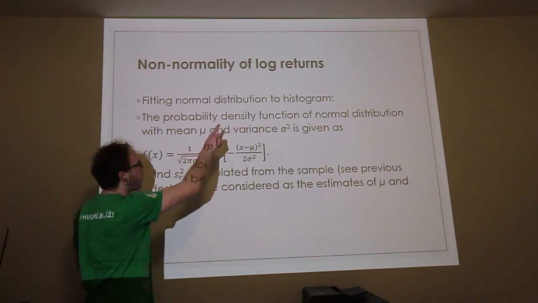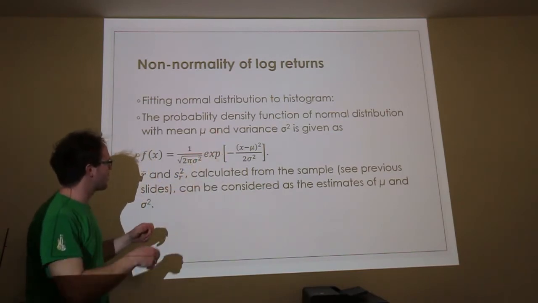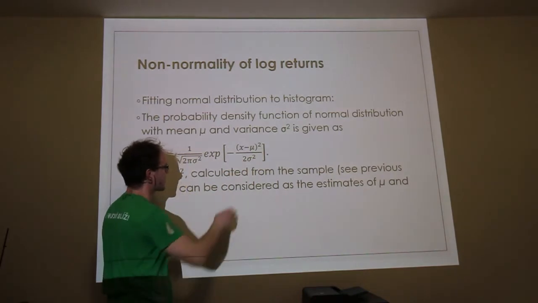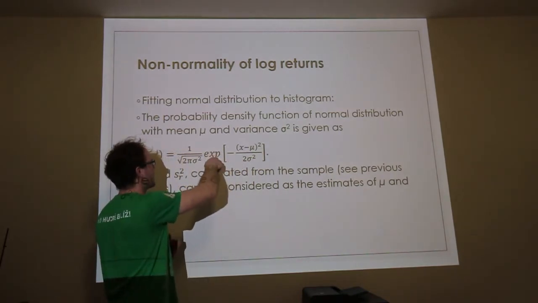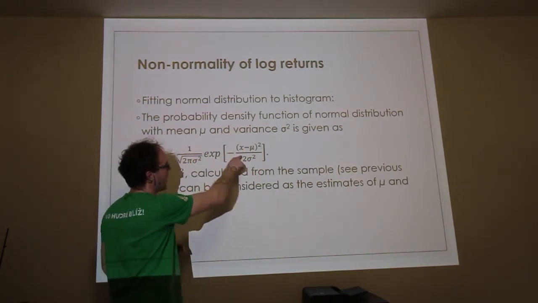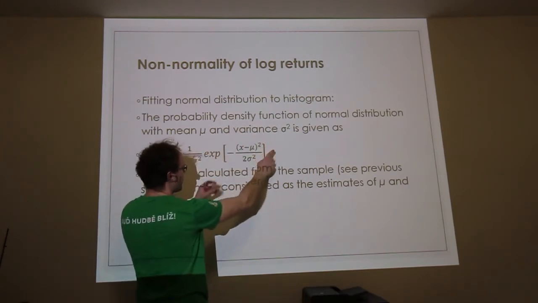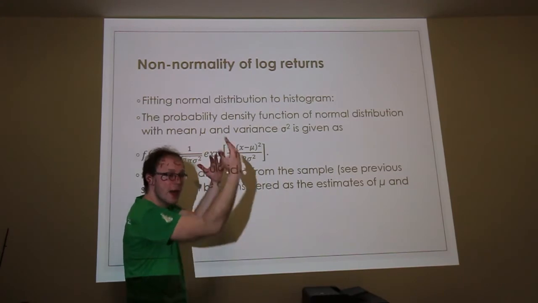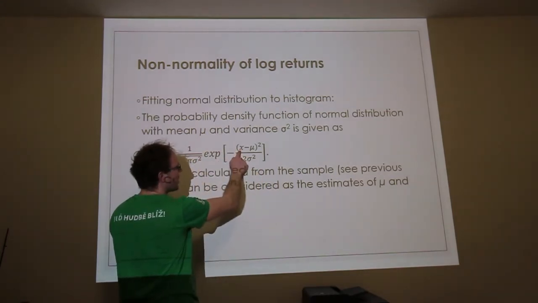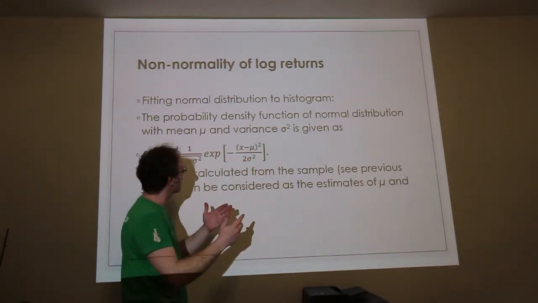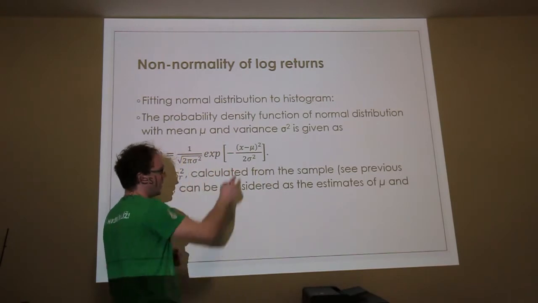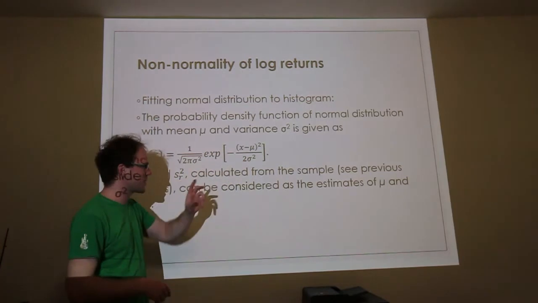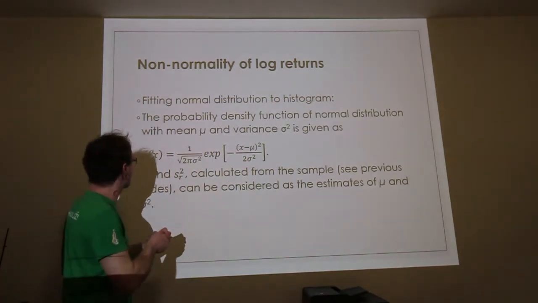Then the exponent: in the square parentheses we have minus, so it's the exponent of minus. In the numerator we have the squared difference between x and mu, the mean, divided by 2 times the variance, 2 times sigma squared.